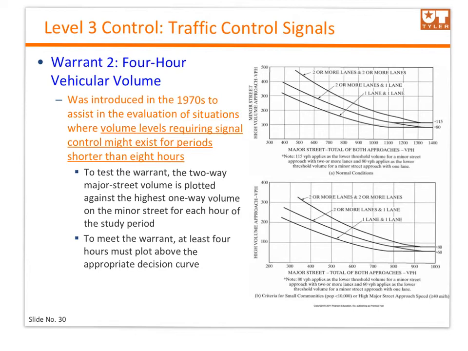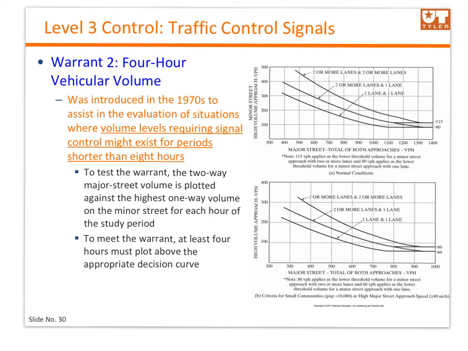To test this warrant, the two-way major street volume needs to be plotted against the highest one-way volume on the minor street for each hour of the study period. To meet the warrant, at least 4 hours must plot above the appropriate decision curve. Here we have curves, and each curve has its own intersection geometry.